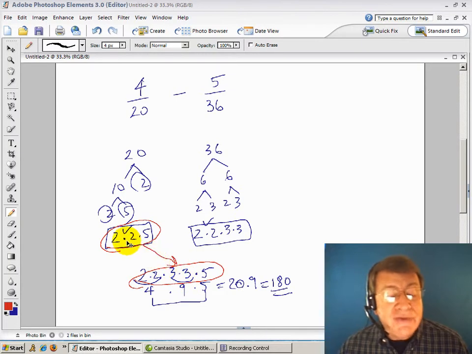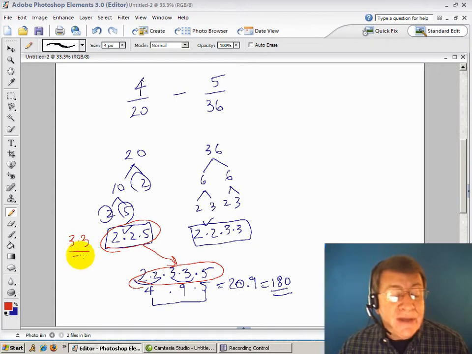Well, the 20 has 2 2s, the 180 has 2 2s. We don't need any more. The 20 has no 3s, the 180 has 2 3s. So if I had 2 more 3s, I'd have what I would like from the 180. As for 5s, we start with 1 5, we end with 1 5, and we don't need any more.